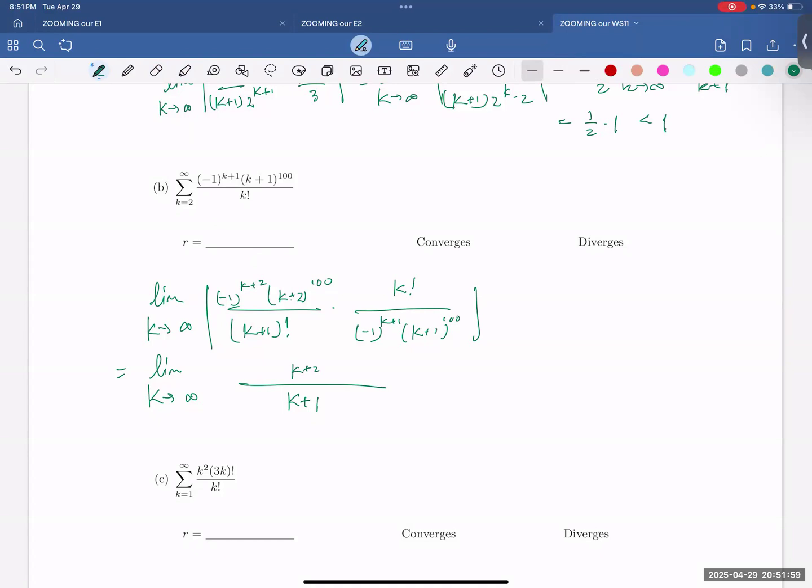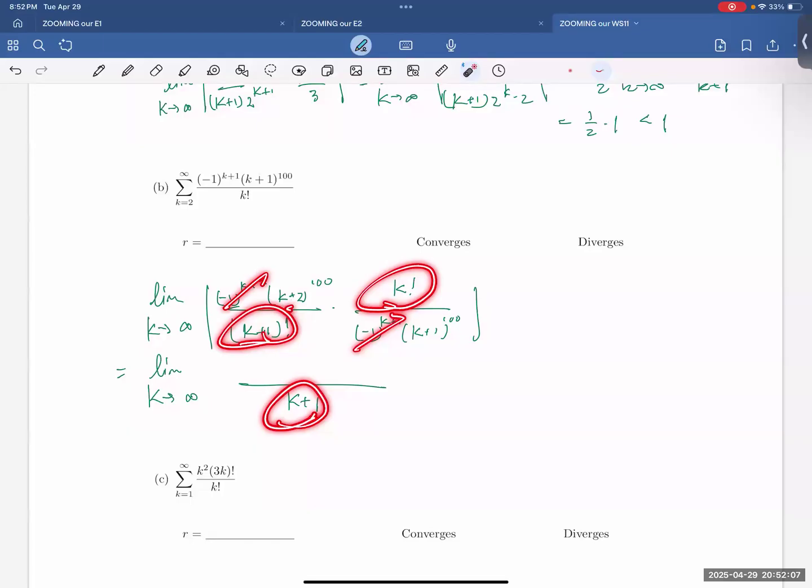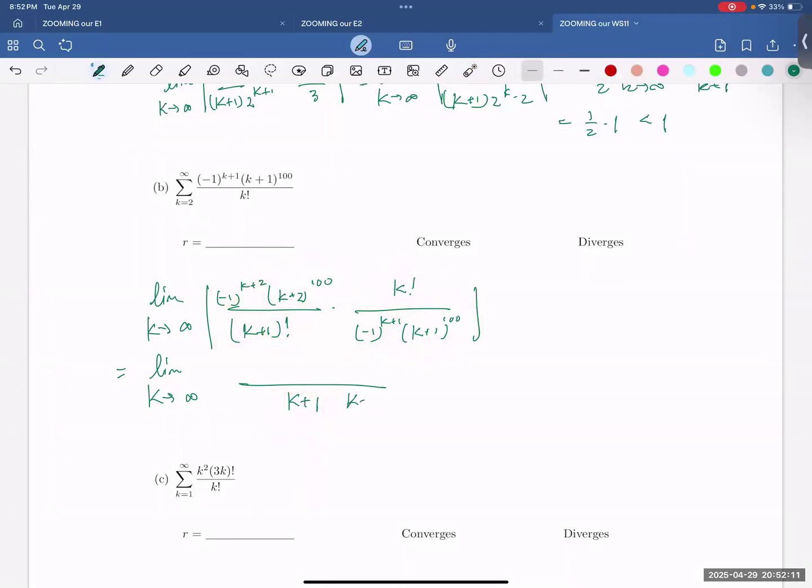Okay, so these two, k factorial and k plus 1 factorial, give us a k plus 1. These are gone. We have k plus 2 to the 100 and k plus 1 to the 100. So k plus 1 and k plus 2, all that to the 100.